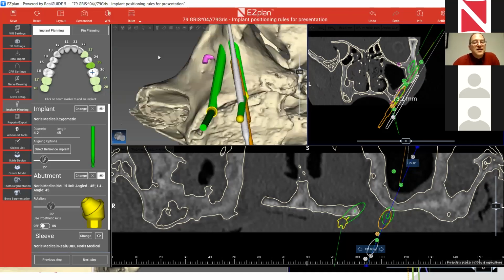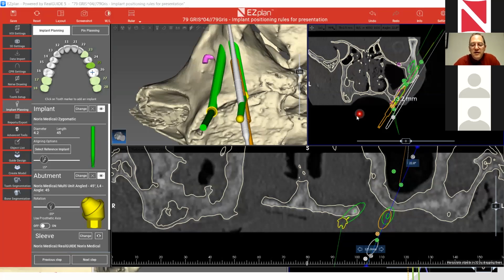Okay, let's answer some more questions. George, are we good? Okay, Alicia, I see. The library for planning, is it available in 3Shape Implant Studio? What we plan on the software you see here is our software, Norris software.